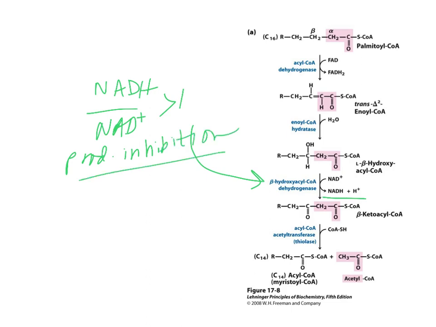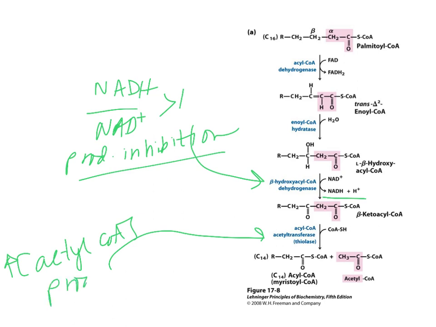Okay, and only at that step. And then our second product inhibition also comes at this step right here where we have high concentrations of, will inhibit the thiolase enzyme, and again, that's also product inhibition.